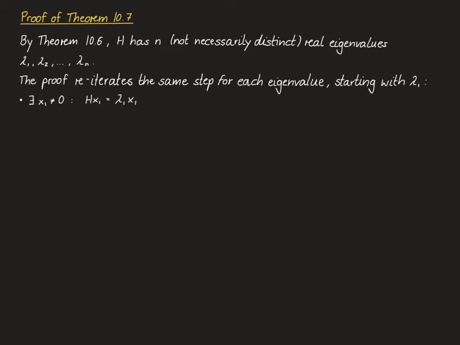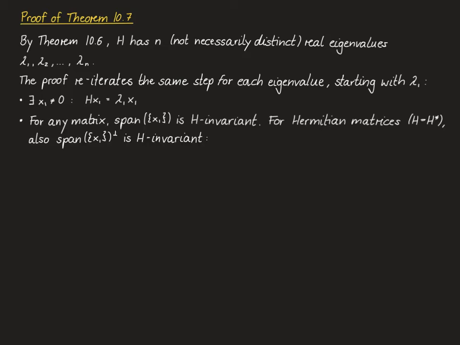First, for lambda 1, there must exist a non-zero eigenvector x1 such that H times x1 is equal to lambda 1 times x1. For any matrix, clearly the span of the eigenvector x1 is H invariant. For Hermitian matrices, however, also the orthogonal complement of the span of x1 is H invariant.